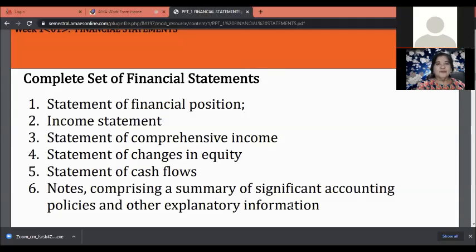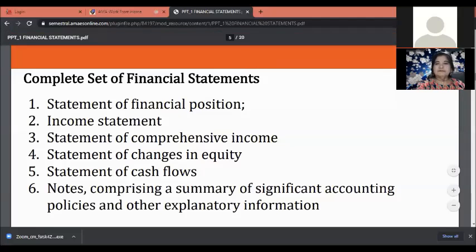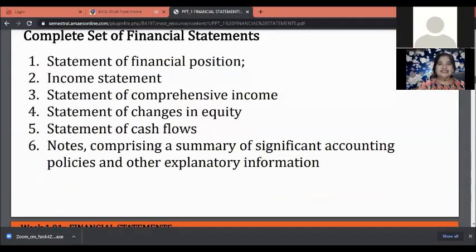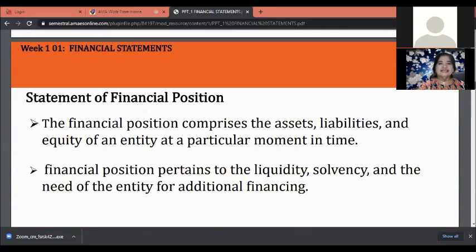In the course of preparing our FS, we need to adhere to and be guided by the accounting policies, as well as accounting principles and accounting standards. Kaya meron tayong tinatawag na PICPA, AICPA, we have also the AAS, and the generally accepted accounting principles, which are our guidelines in the preparation of our FS.